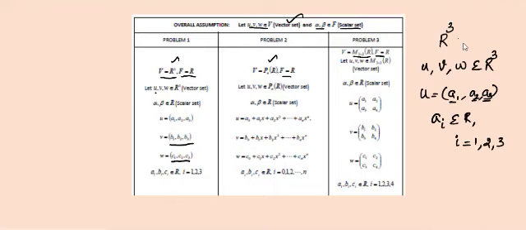Similarly, B1, B2, B3, C1, C2, C3 all belong to R. That is what the set R3 represents. If we take any element from R3, that structure is a three-tuple, and the property is that those three entries belong to the real numbers. Similarly, we go for the next one, that is Pn of R.